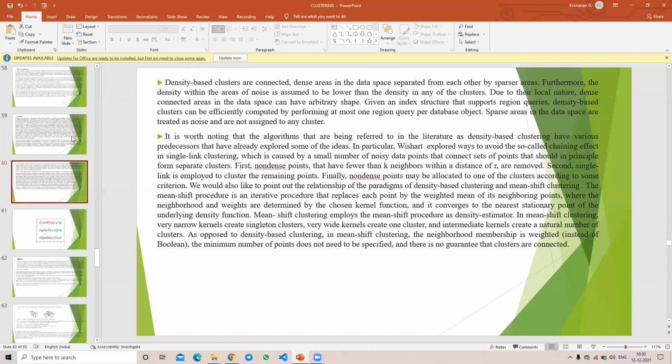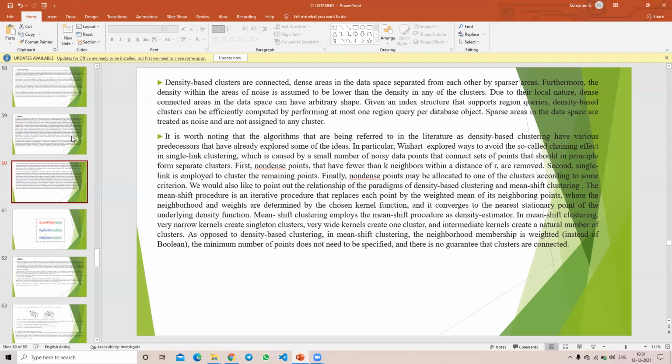Next, it is worth noting that the algorithms referred to in the literature as density-based clustering have various precedents that have already explored some of these ideas. In particular, Wishart explored ways to avoid the so-called chaining effect in single-link clustering, which is caused by a small number of noisy data points that connect sets of points that should in principle form separate clusters.